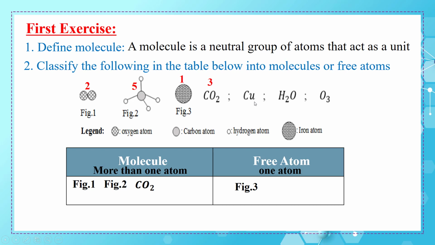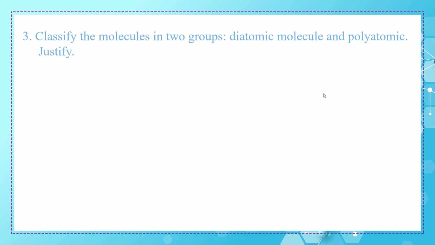Cu, which is the symbol of copper, represents 1 atom, so it is a free atom. H2O, the water, is made up of 2 hydrogen atoms and 1 oxygen, so 3 atoms, a molecule. The same goes for O3, 3 oxygen atoms, so it is a molecule. Is it clear? Let us continue.